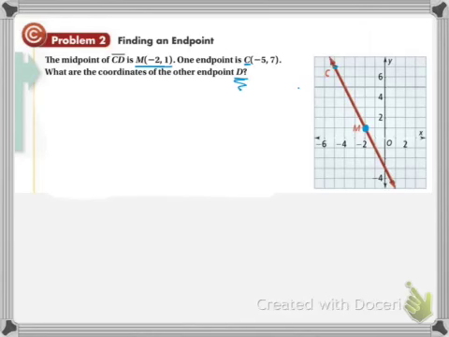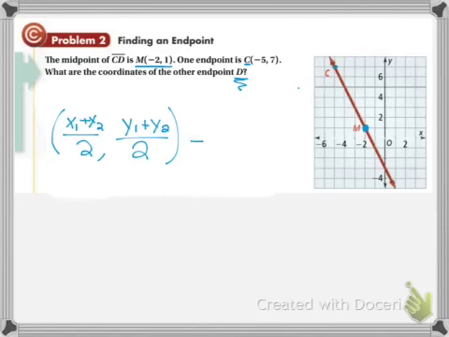What we're going to do is plug it into the midpoint formula. If we add our 2 x's from our endpoints together and divide by 2, we get the x coordinate. If we add our 2 y's together and divide by 2, we get our y coordinate. And that gives us the midpoint.